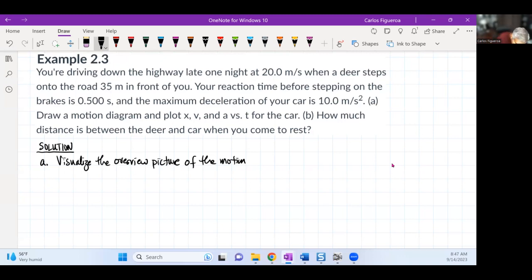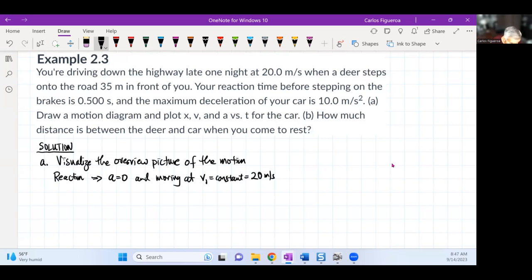When I say reaction, what that means here is that there is zero acceleration and you're moving at V1, a constant rate of 20 meters a second.